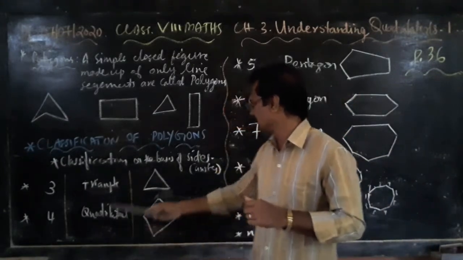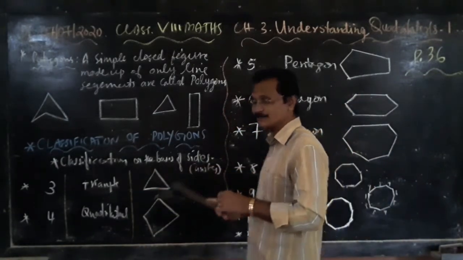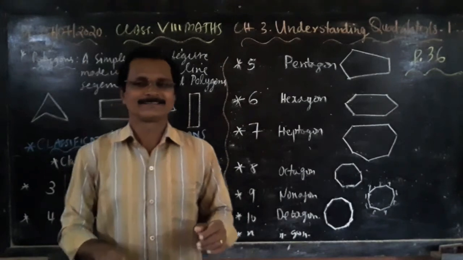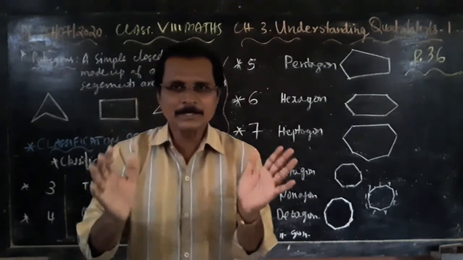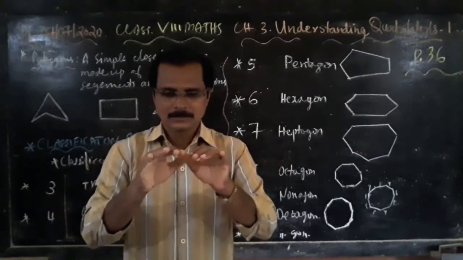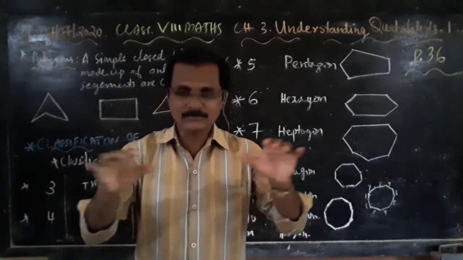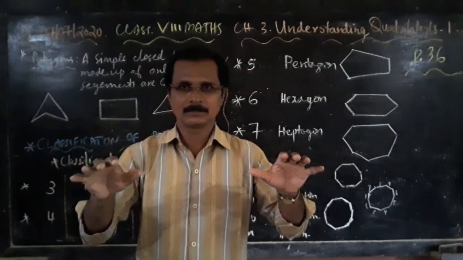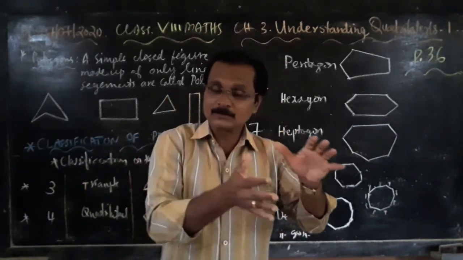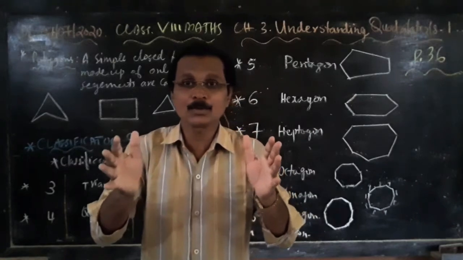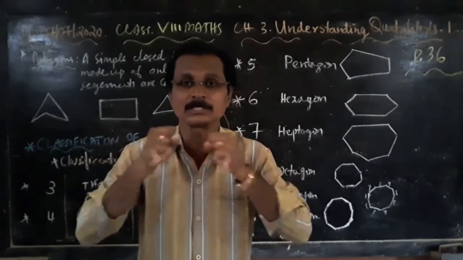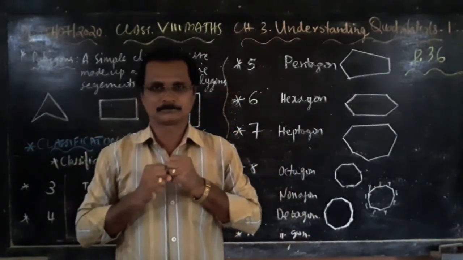Look at here. Classification on the basis of sides or angles. That's very good. Now we are going to classify, dividing into different types. We are going to give different names according to the number of sides on that particular polygon.